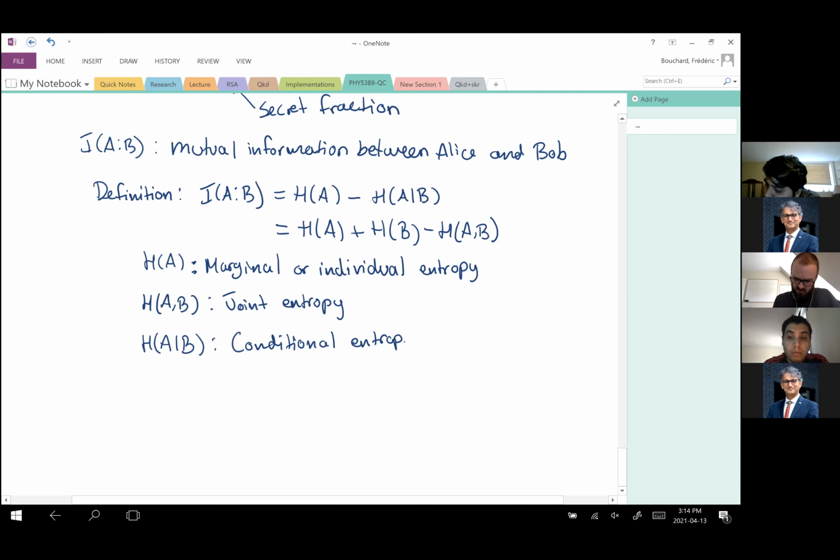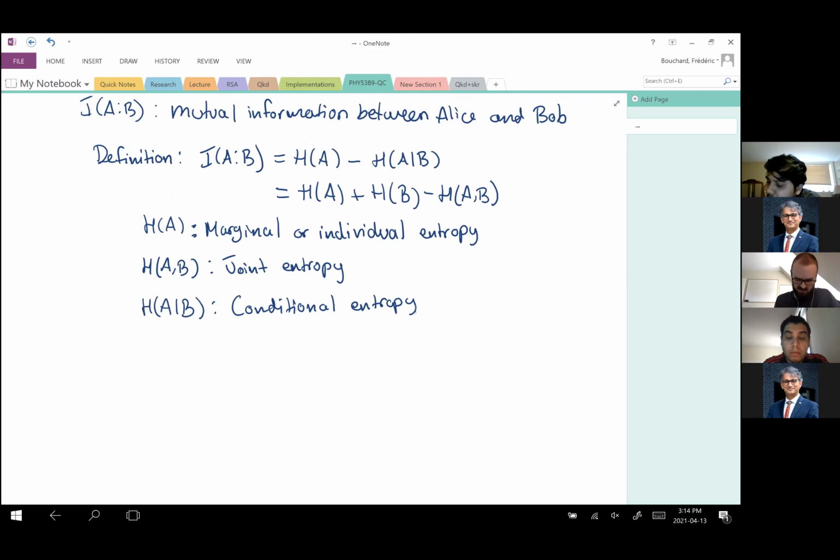So this is where information theory meets quantum mechanics. This is getting interesting. In general, the entropy, you might remember this definition from your thermodynamics or statistical mechanics course. This might ring a bell.